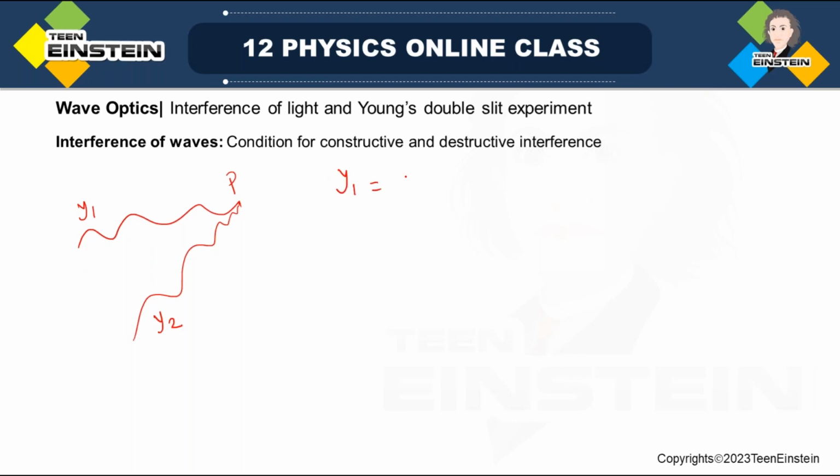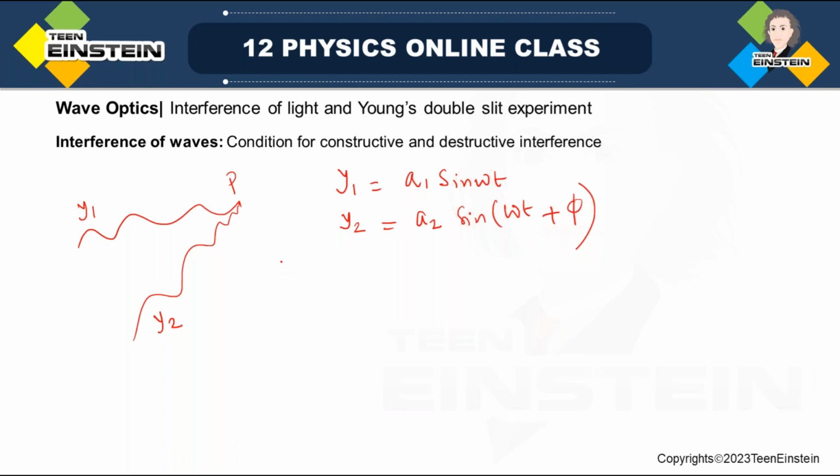Suppose y1 is a1 sin omega t, and the other wave has displacement a2 sin(omega t plus phi). This phi is the constant phase between them, this phi doesn't change. Let me just do the underlying mathematics over here.